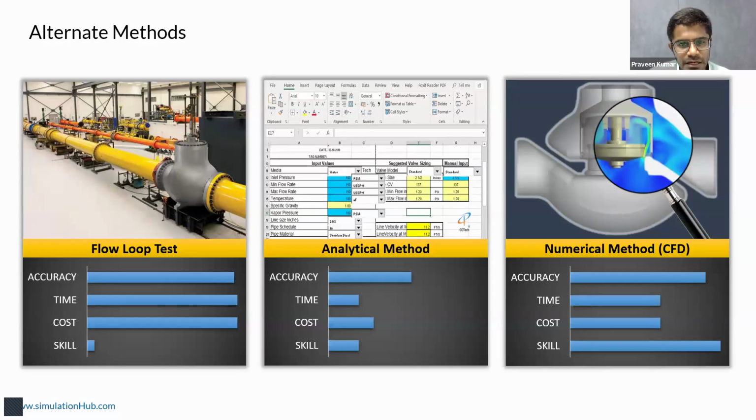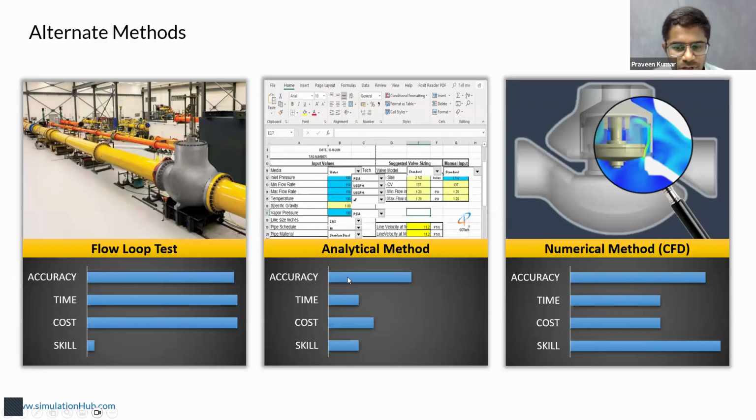So we are comparing these on the basis of accuracy, time, cost, and skill required. In terms of accuracy, yes, flow loop test is the closest. That's the ground truth. Of course, with some conditions apply, there is some error involved, but that is very close to ground truth. And for the analytical method, accuracy is compromised, but the time factor and cost factor are considerably low.